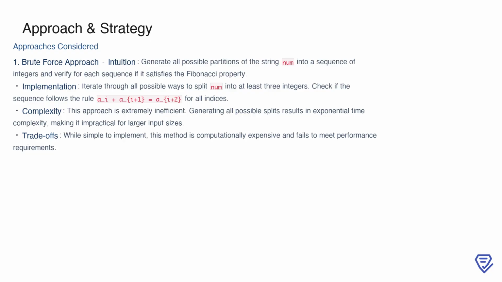While this method is simple to conceptualize, it quickly becomes impractical. The reason lies in the sheer number of possible splits, which grows exponentially as the length of the string increases. This makes the brute force approach computationally expensive and unsuitable for larger input sizes. Although it's easy to implement, the trade-off is poor performance, as it doesn't scale effectively for real-world use cases.